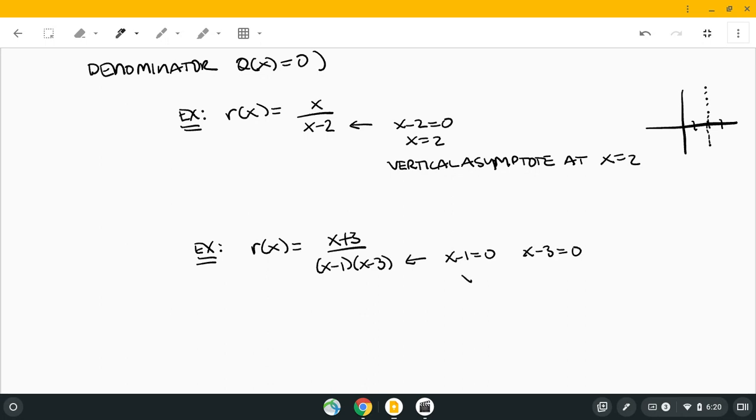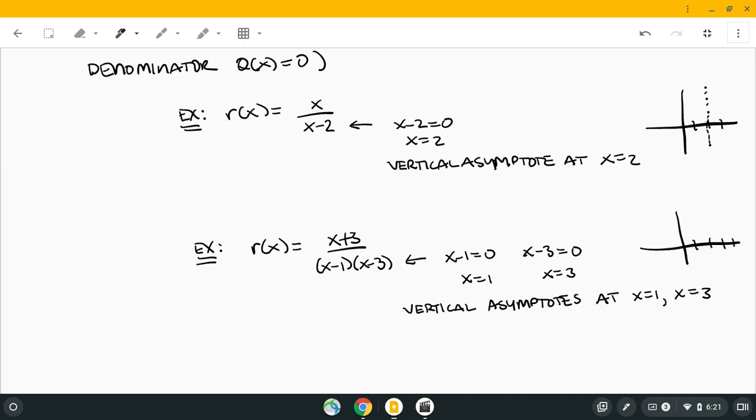Add 1 to both sides, we get x equals 1. Add 3 to both sides, and we get x equals 3. So that's where you have vertical asymptotes, at x equals 1 and x equals 3. When you graph them, 1, 2, 3, you'll have one here at 3, and you'll have one here at 1.